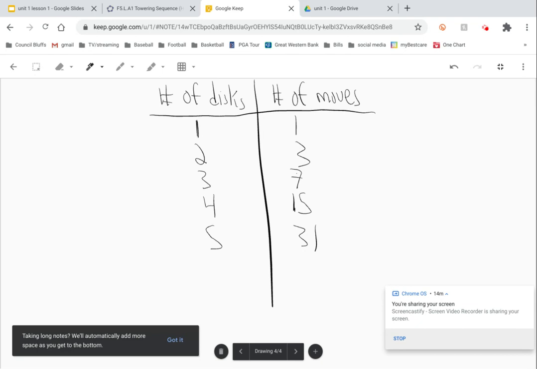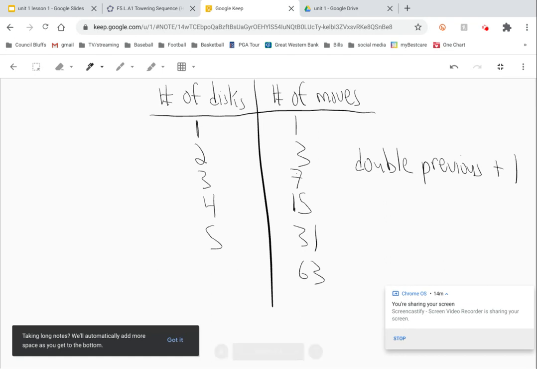So I could predict that with 6 disks, I could solve it in as little as, let's see, 31 times 2 is 62, plus 1 is 63, and so on and so forth. So the pattern is double the previous plus 1. And that is your lesson for today.